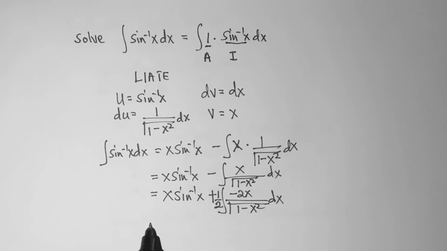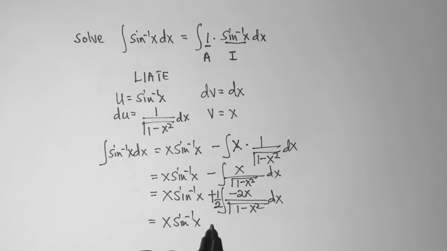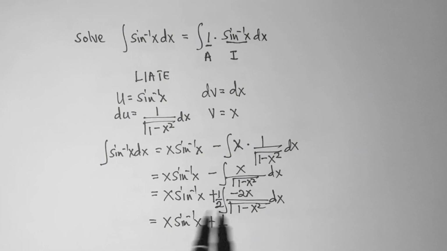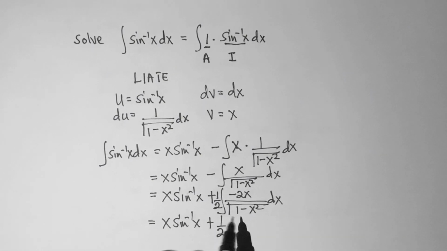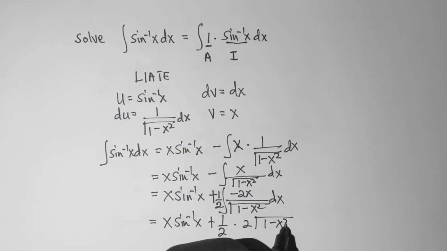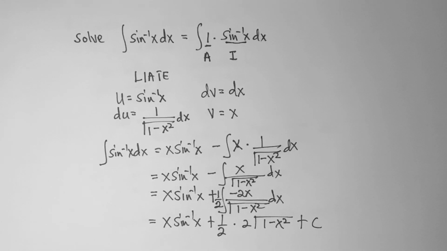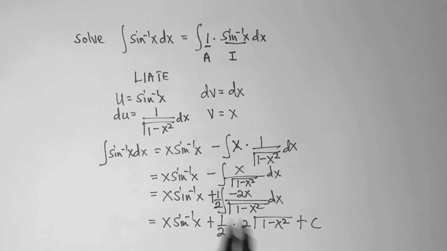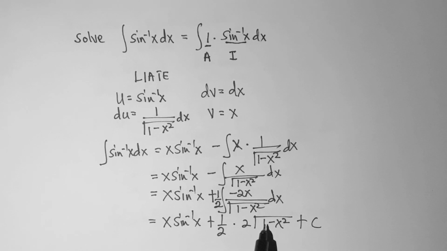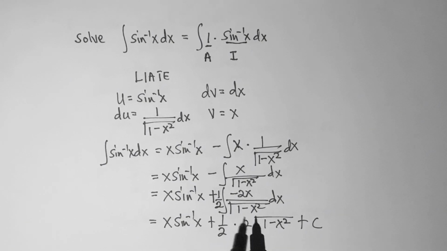And then this is equal to x sine inverse of x plus half of, now if you integrate all of this, it is the same as 2 times square root of 1 minus x squared, then plus the constant of integration c. Now if you don't understand why we are getting this result, I've already done a video on how to integrate this kind of functions.